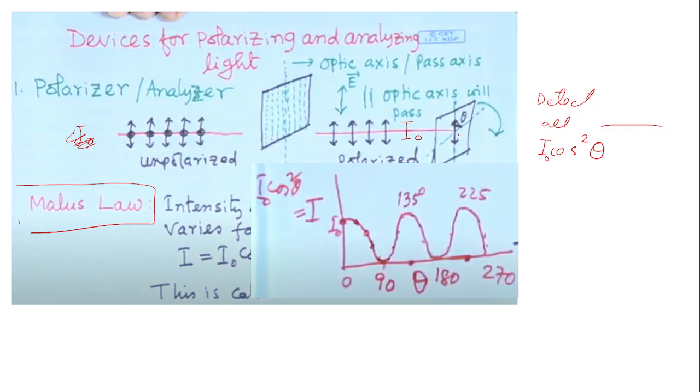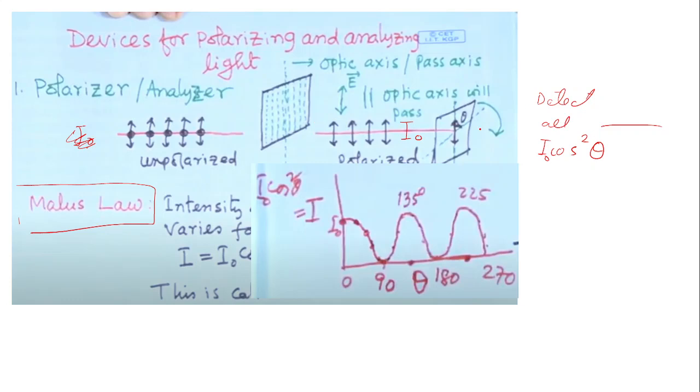The same material is actually being used, but we call it a polarizer when it's polarizing the unpolarized light, and when we keep it after the polarized light, we call it an analyzer because it helps us analyze the direction of polarization. Maybe I don't know the optics axis direction of the polarizer, but if I keep the analyzer and the optics axis of the polarizer and the optics axis of the analyzer are parallel to each other, then I'll see maximum intensity of light coming out.